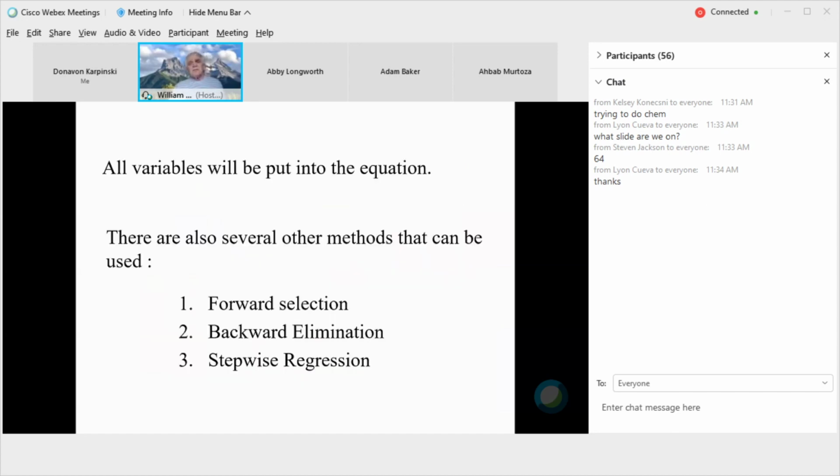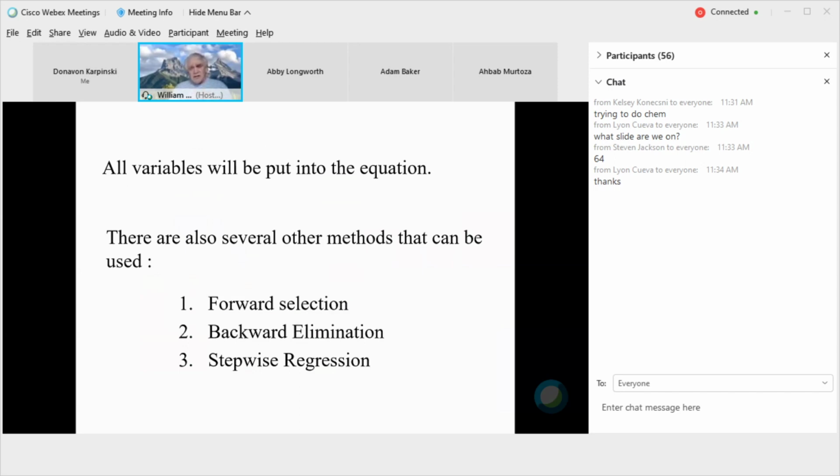You can also use some more complicated methods: forward selection, backward elimination, stepwise regression. These are methods to try and find the best equation. In forward selection, you start with nothing in, and then it'll add variables one at a time that are important until none of the remaining variables are important. Backward elimination will do it the other way. It'll start with everything in, and then delete variables that are unimportant. Stepwise regression is a combination of both.